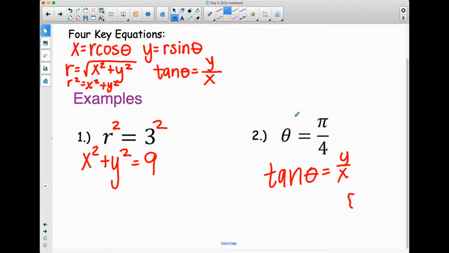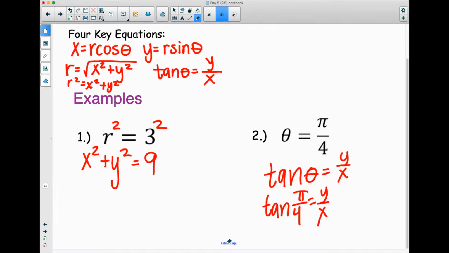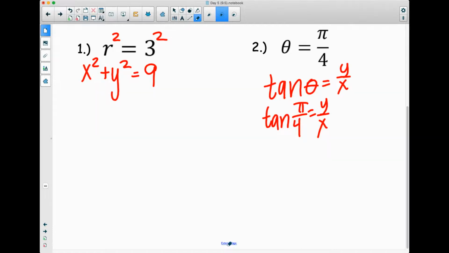Well, theta is pi over 4. What is tangent at pi over 4? One.